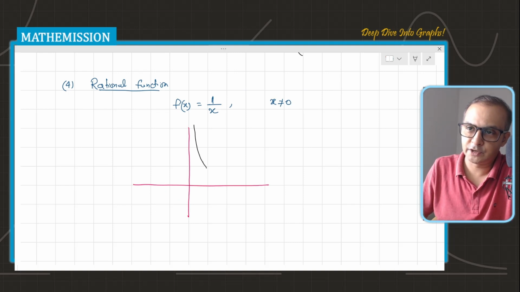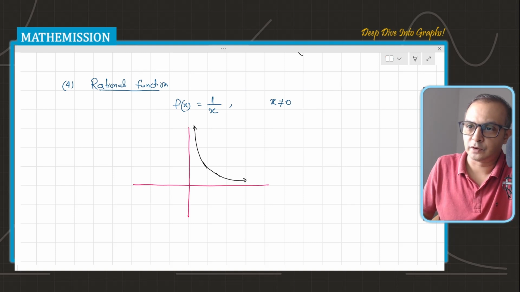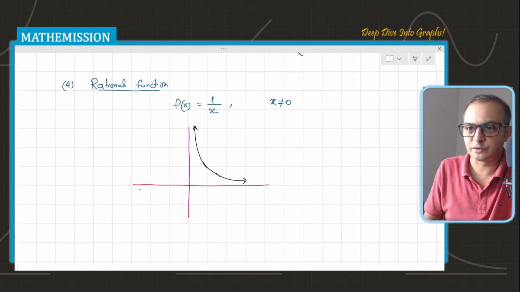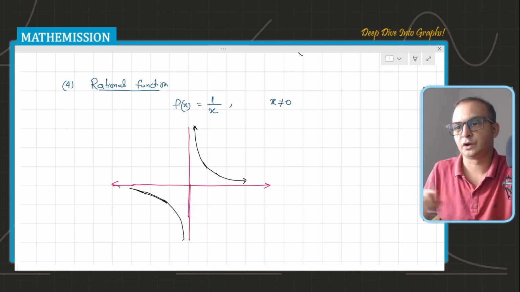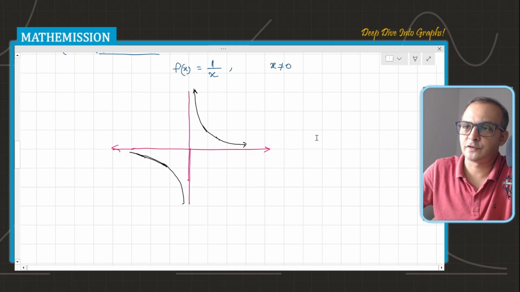All these graphs you need to understand to understand the graphical transformation better. You will come to know my point sooner or later, but you have to just be persistent. Okay, now this is the rational function.